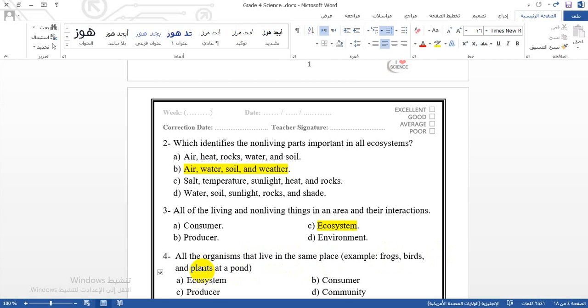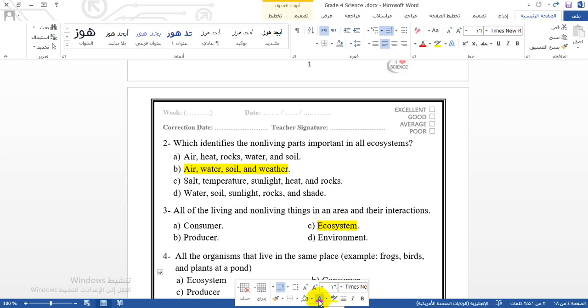It is the community, where different kinds of animals live in the same place, like the pond ecosystem, where you can find frogs, fish, seaweed, turtles. Different kinds of animals in the same ecosystem, which is the pond ecosystem.